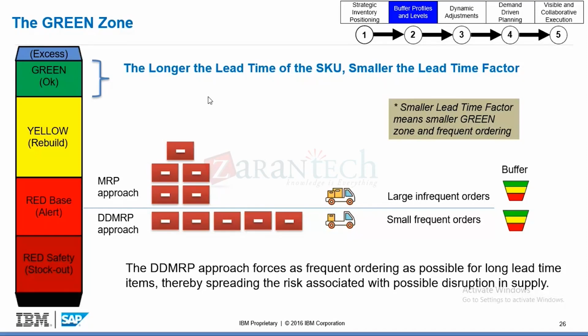Now in the MRP approach, we have large infrequent orders. And in the DDMRP approach, we have small frequent orders. That means the width of the green zone should be calculated that way. The DDMRP approach forces ordering as frequently as possible, so the width of the green zone should be less. And that means smaller lead time.